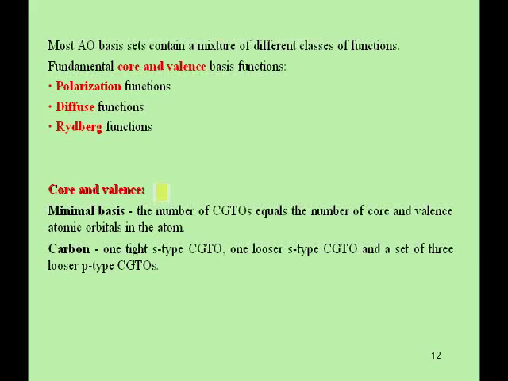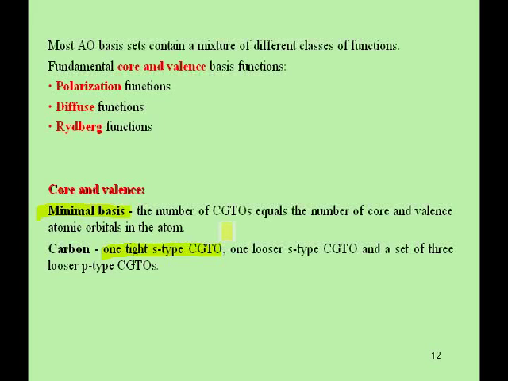So the simplest thing that we do, that is the cheapest calculation one can do, is to use what are called minimal basis sets. That is, you take a contracted Gaussian-type orbital and you use one for each one of the core and valence atomic orbitals in the atom. So for example, in a carbon atom, this would mean that in your basis set, there would be one chi that would be radially tight, compact, contracted.